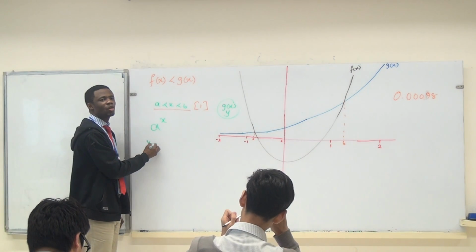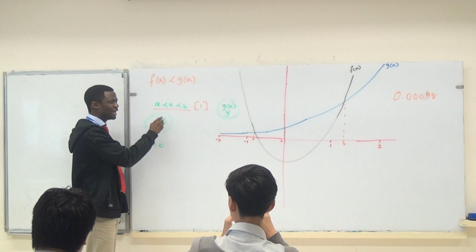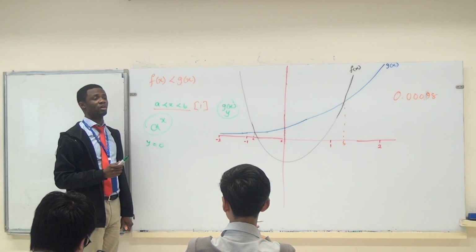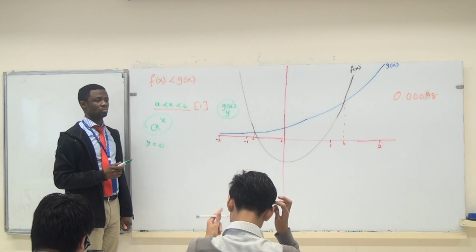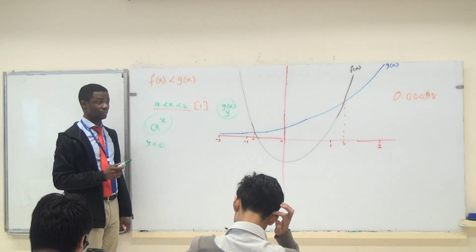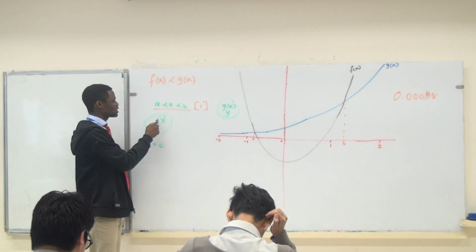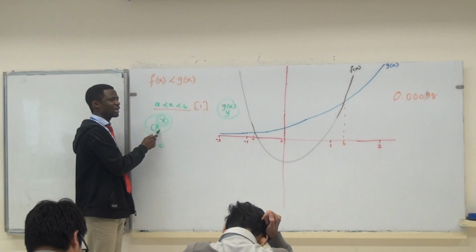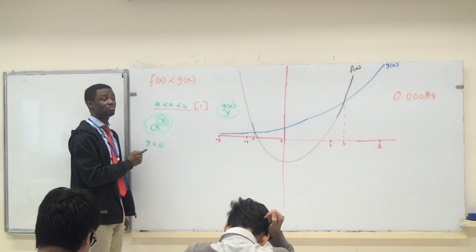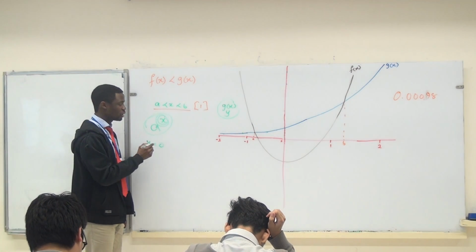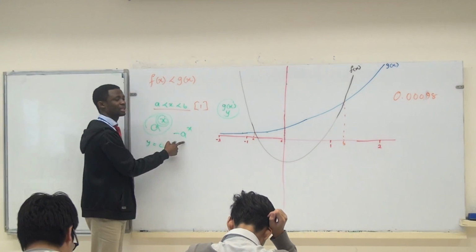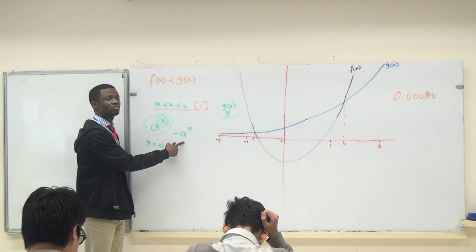The x-axis is when y is equal to 0. It means this will never be 0, no matter what value you put in. Does it make sense? And whether x is positive or negative, you can never get a negative value either. If you want to get negative, you have to do something like this.